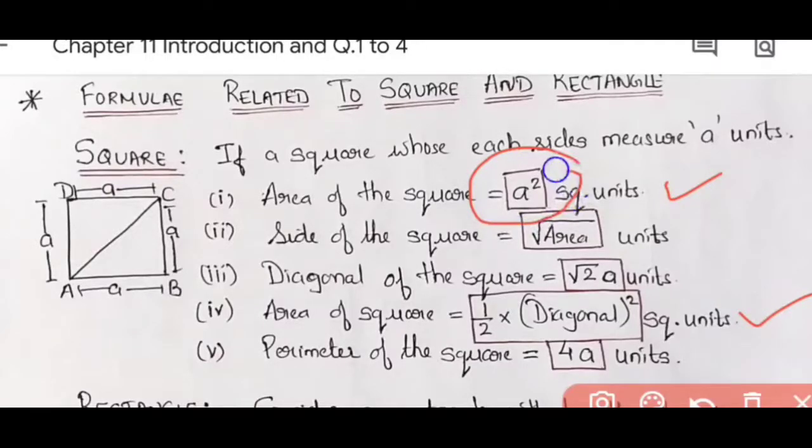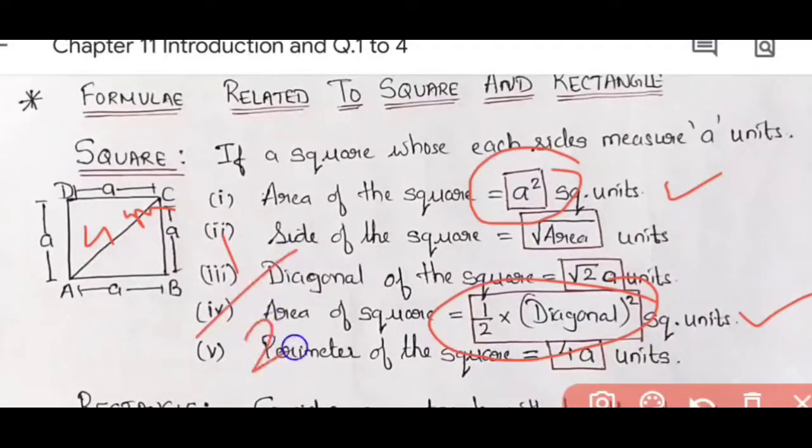You will place the length of the diagonal over here. Let us take it as 4. Let us say that the diagonal is 4 centimeter. Now if I place it in this formula, what will be my answer?